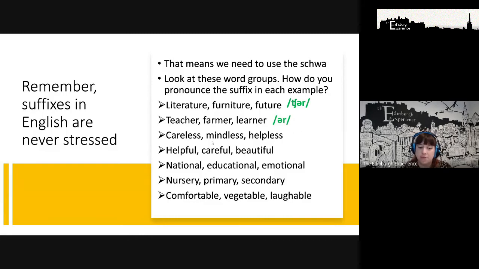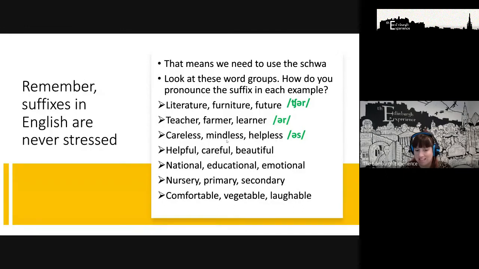These ones here, people very often make a mistake with both of these suffixes because you think of the adjective, right? So the adjective less, L-E-S-S, if I use that word by itself, does have a strong vowel sound, an e, but when I'm using it as a suffix, it's a schwa, okay? So I have careless, mindless, helpless, not careless, mindless, helpless.